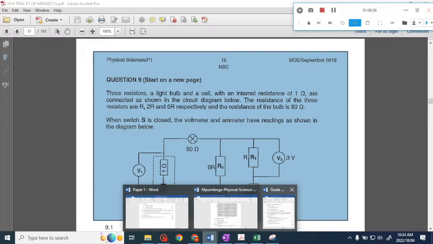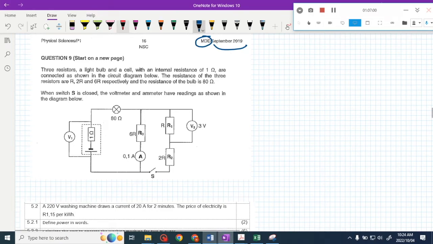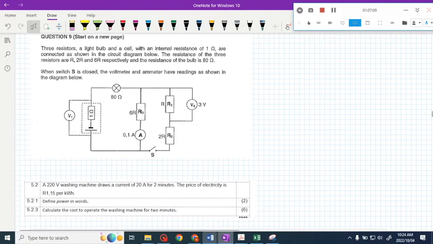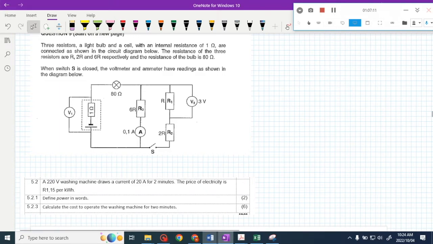Somewhere around page 12 you should find it, maybe. MDE September 2019, if you want to look at it. It's the physics pack. Have you found it? Has anyone found it?